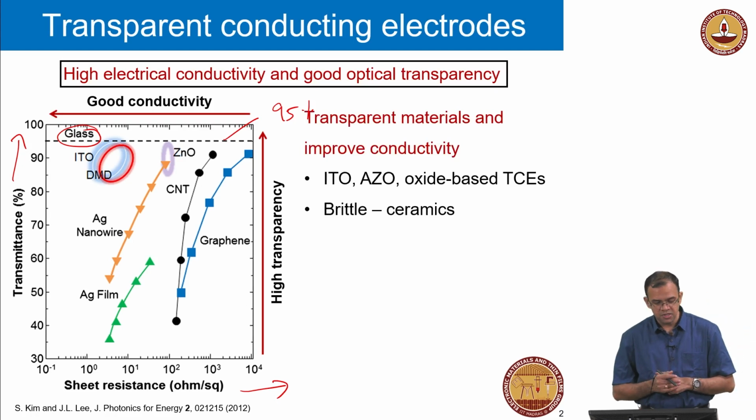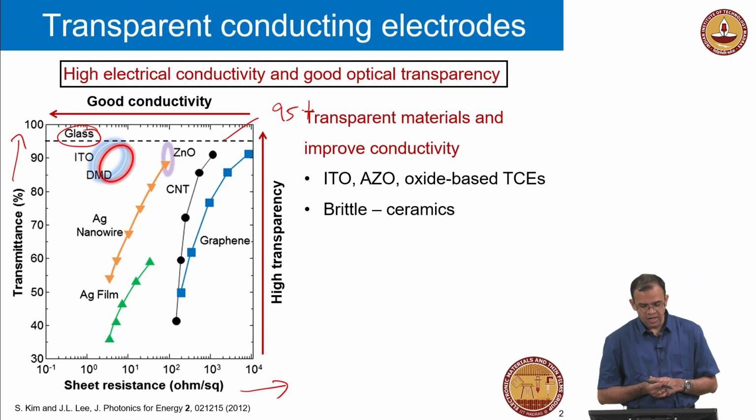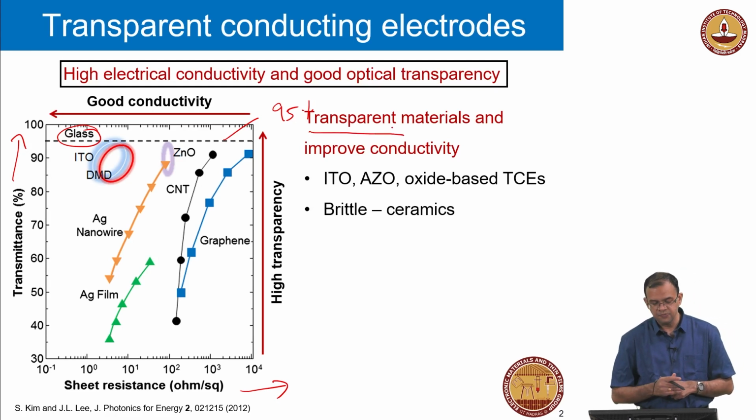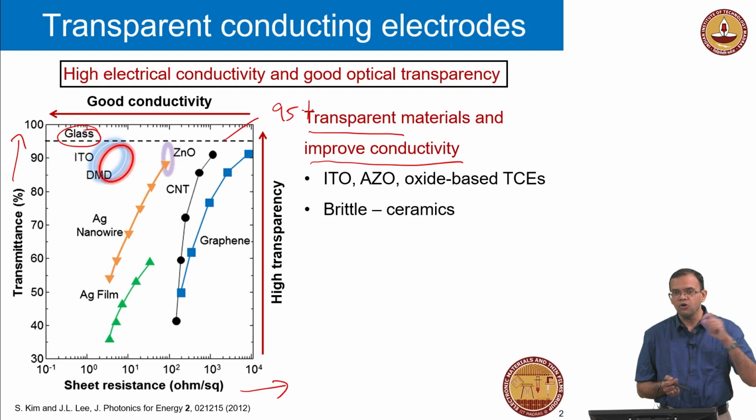How do we achieve this? So how do we achieve both good electrical conductivity and good transparency? There are two strategies. The first strategy is you take something that's transparent and then you do something to improve the conductivity, right? So you go from two extremes.